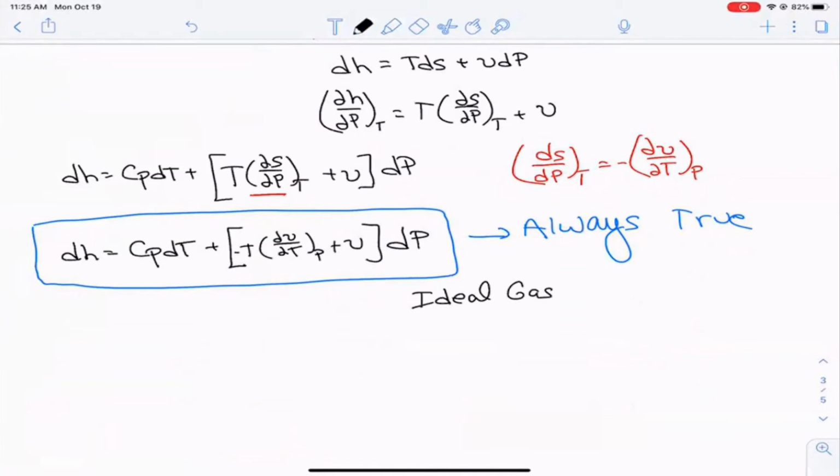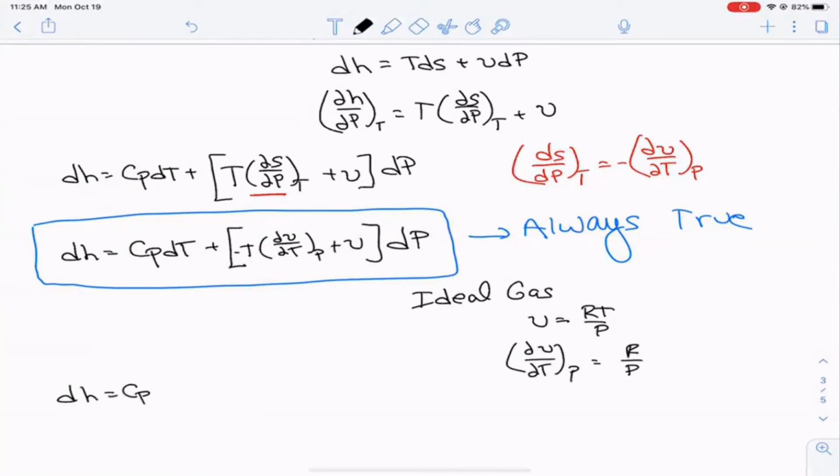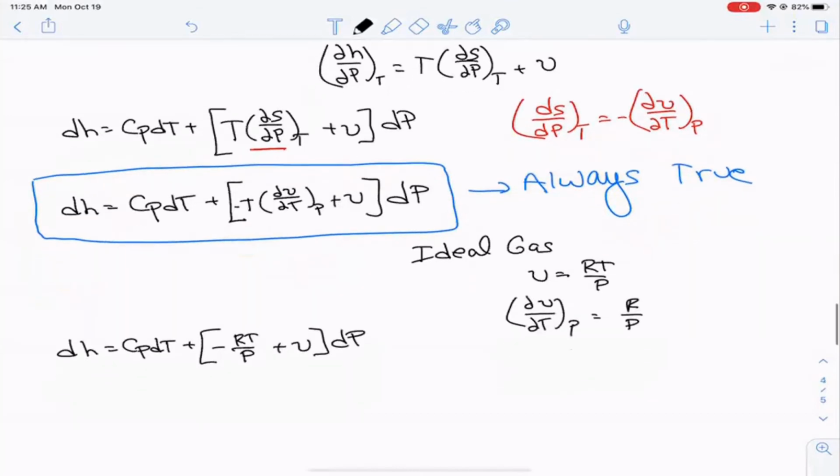Remember, for an ideal gas, PV is RT, or V equals RT over P. So then (∂V/∂T) at constant P just equals R over P. And if we substitute that above, we have dH is equal to Cp dT plus minus T times R over P, which is minus RT over P, plus V dP.